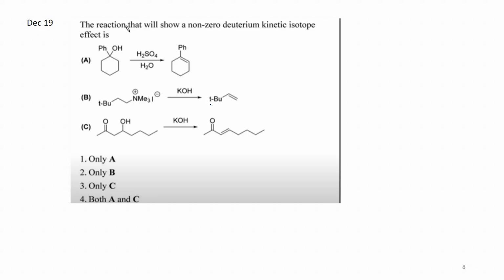Okay, let's go to our next question. It is based on the primary kinetic isotope effect. In the primary kinetic isotope effect, whenever a proton or CH bond gets broken at the rate determining step, if we substitute the CH bond with a CD bond, that is a deuterated bond, there is a change in rate.